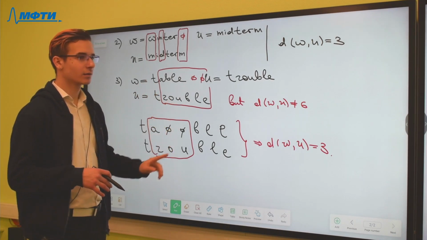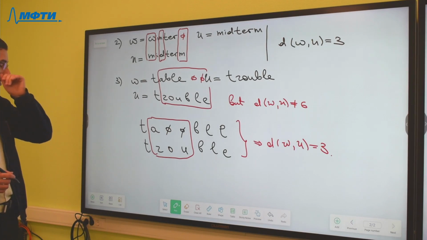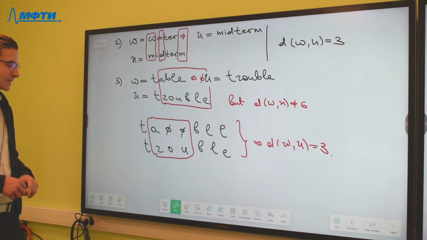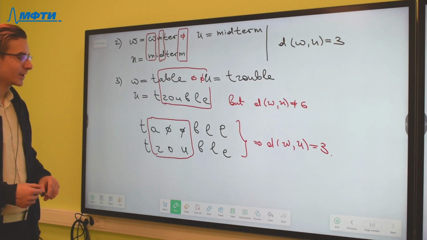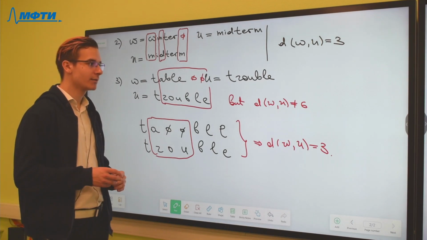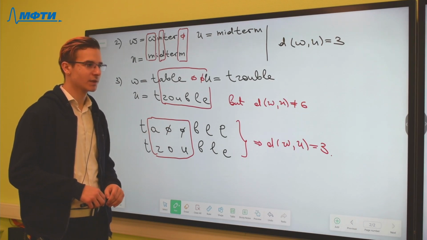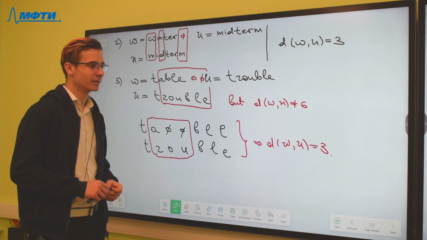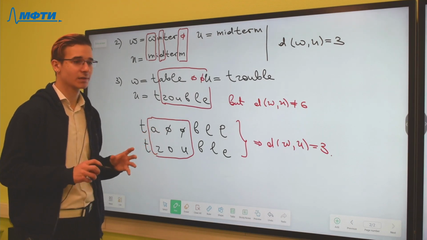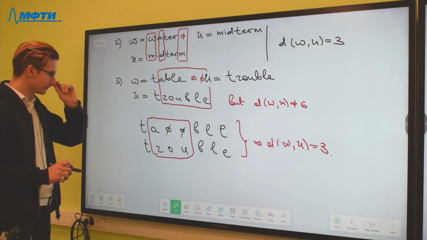To solve the parentheses task we can use dynamic programming, two-dimensional dynamic programming. We use memoization for two-dimensional data, but I think it's the only thing that connects these two tasks. Thank you. So firstly, about the distance.